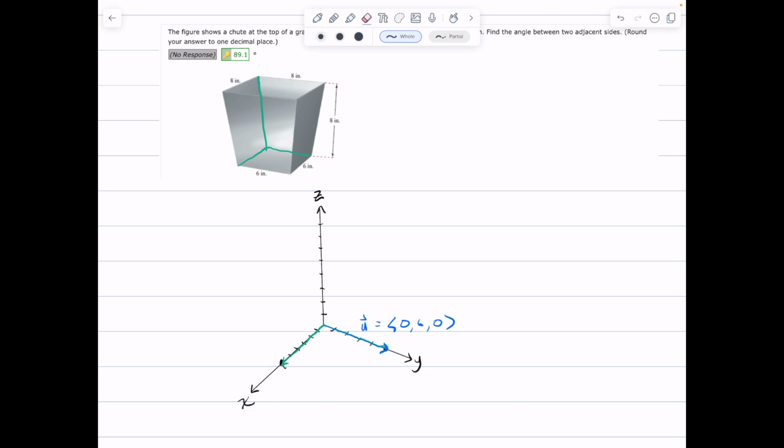And then the green vector, call it B, would be 6, 0, 0. And the axis goes straight up here. And so there's kind of the tricky part, right?